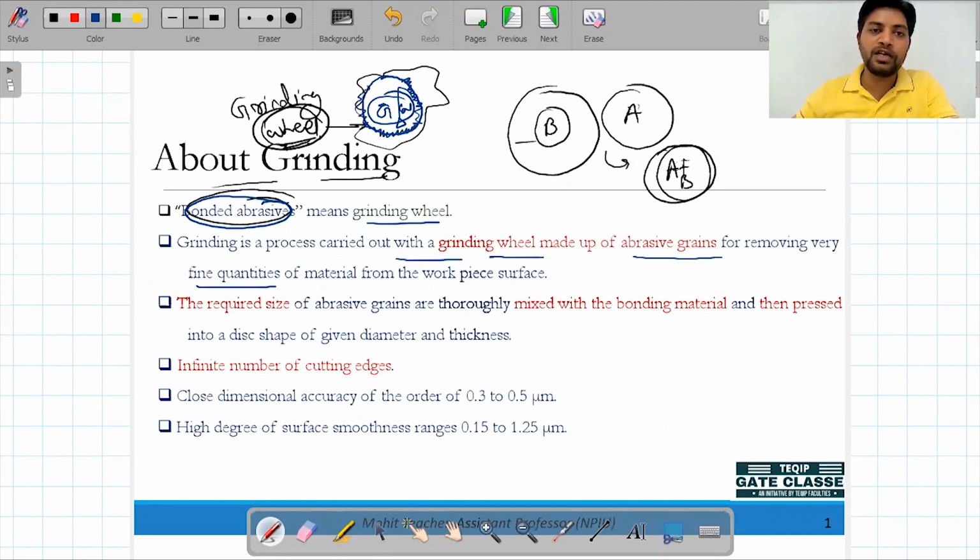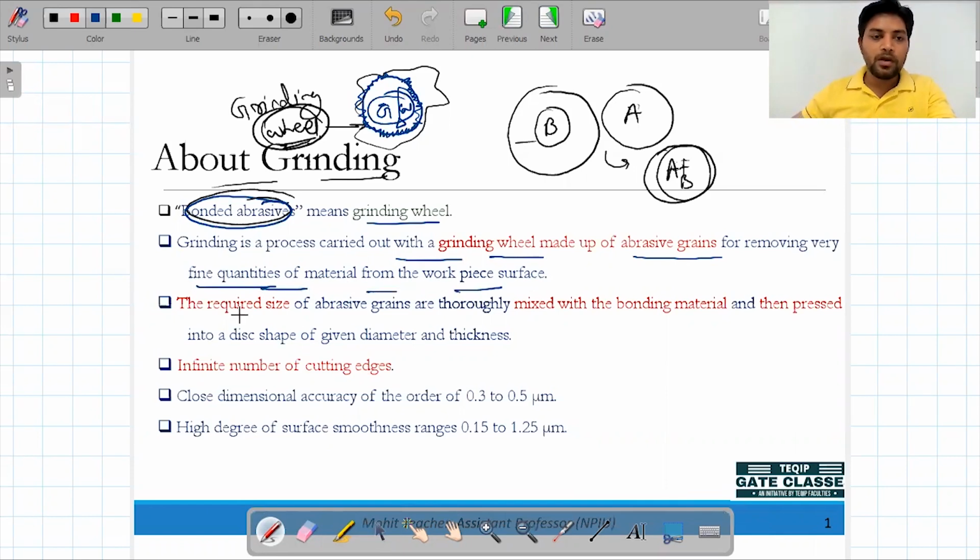When they come in contact with the workpiece, they remove material, and the chip coming out is very small in thickness, length or width. The material coming out in grinding is in the form of powder. Powder is a category of chip with a very small size, so grinding removes material from the workpiece surface in very fine quantities.